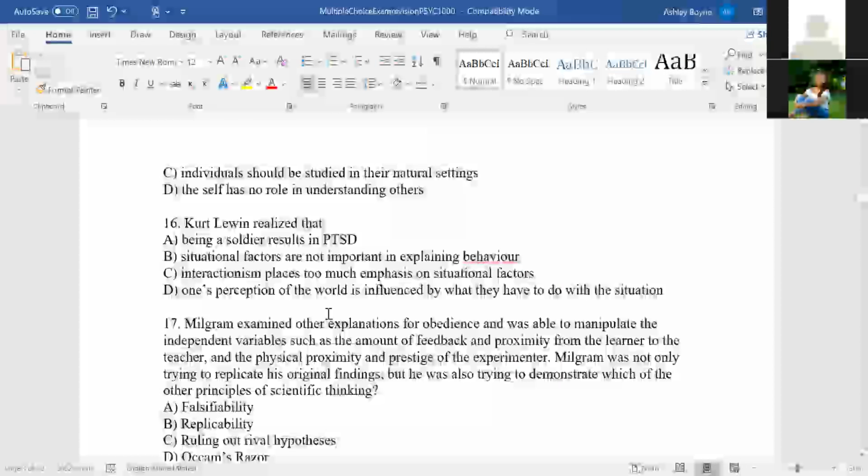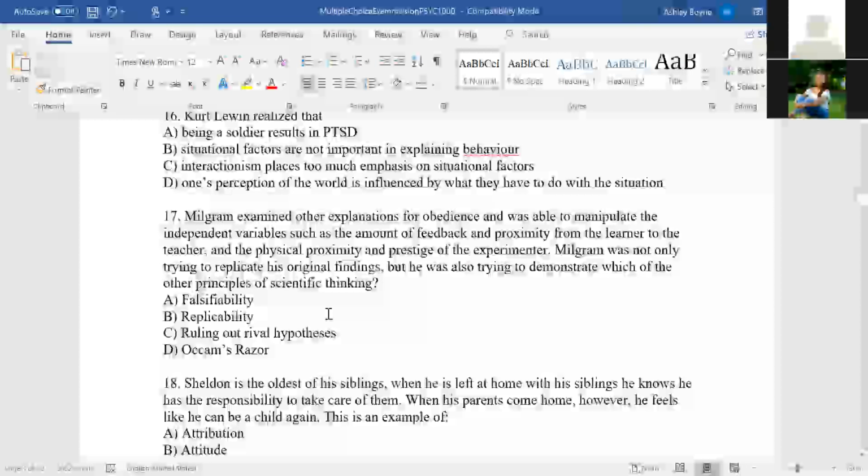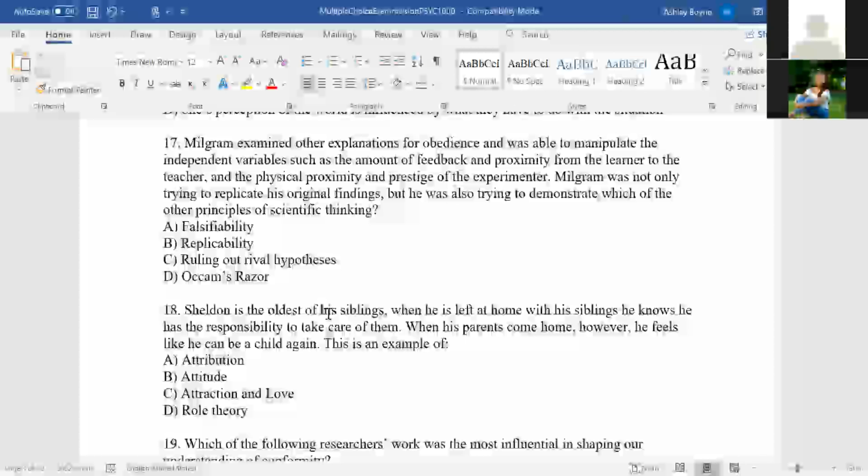I think a good example of groupthink is the Bay of Pigs. I'm going to type it in the chat. It happened with the US government, I think in the 60s, but I don't exactly remember the ins and outs of it, so I'm not going to confuse you guys.